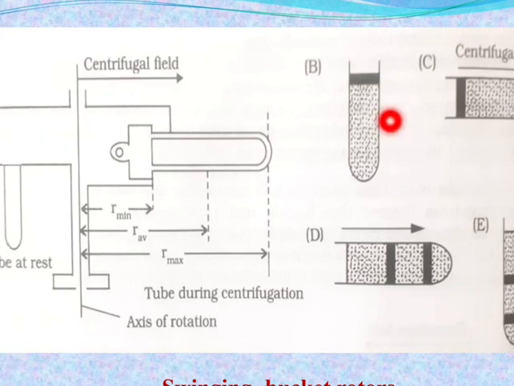Figure B shows the centrifuge tube which is filled with the gradient and sample, and no centrifugal force is applied here. In figure C, as the centrifugal force is applied, the tube swings out and orients at right angles to the axis of rotation.